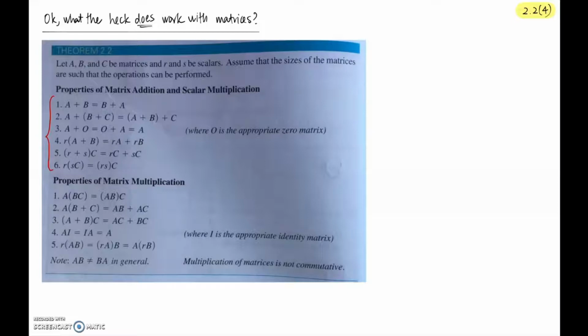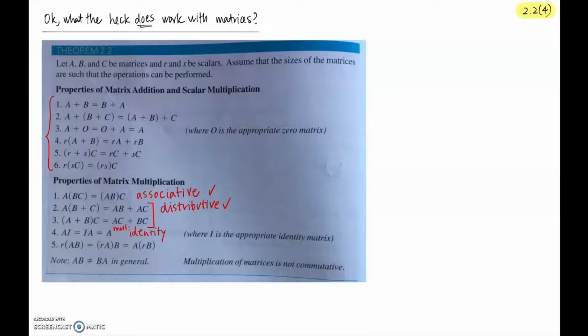With properties of matrix multiplication, here we see the associativity, or the associative law. That checks out. Here the distributive property still works with matrices, both of these. Here's the multiplicative identity, which works in either direction.